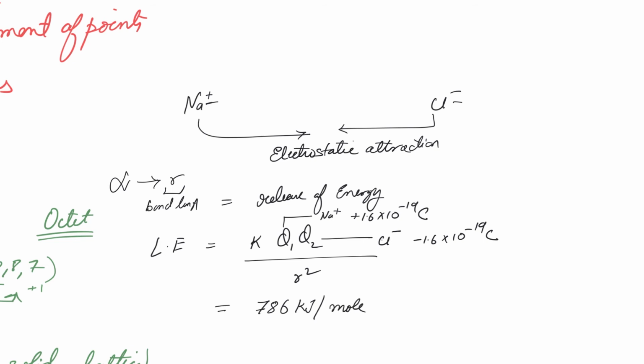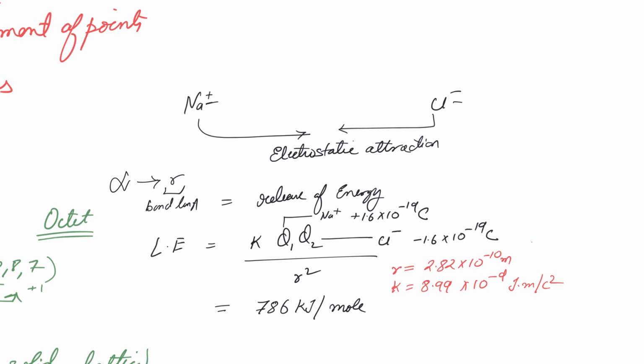Now, if you're wondering what the value of R is, R can be determined experimentally, that is 2.82 times 10 to the power minus 10 of a meter, and K is a physical constant, that is again 8.99 times 10 to the power 9 newton meter squared per coulomb squared. Now, this should make sense.